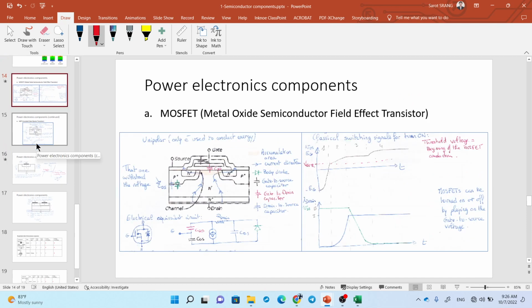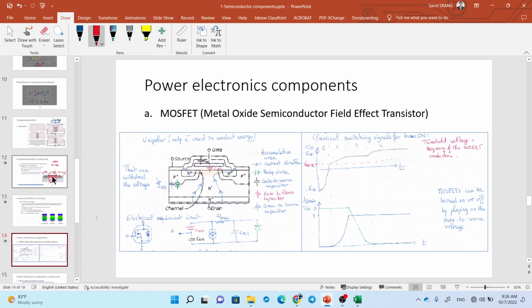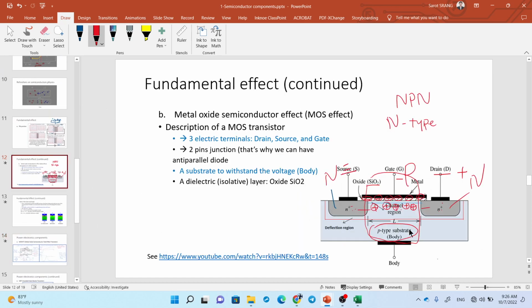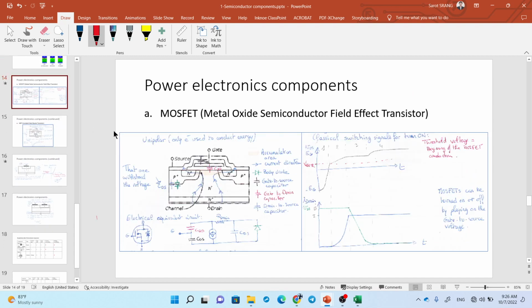So here is the actual construction. This one is just a simplified schematic of the structure of the MOSFET itself, but actually the construction is more like this. So you get NPN like this, and NPN like this, right?